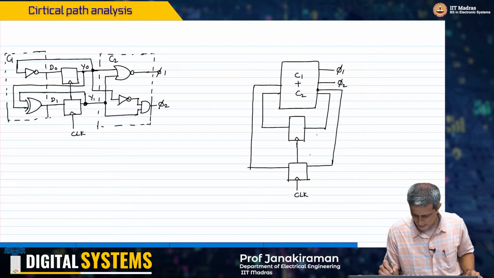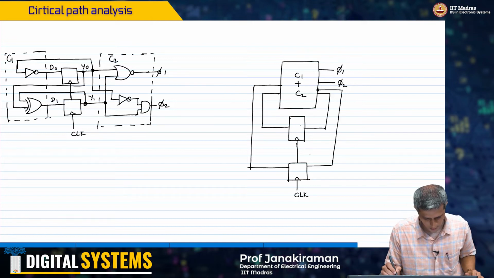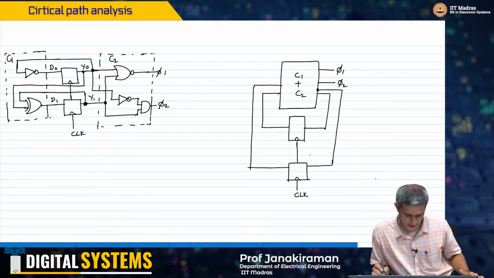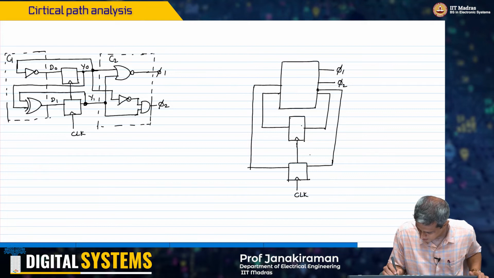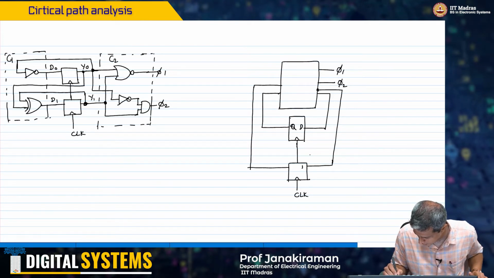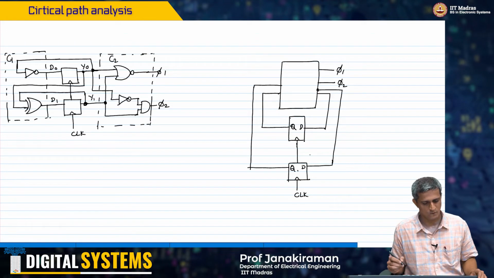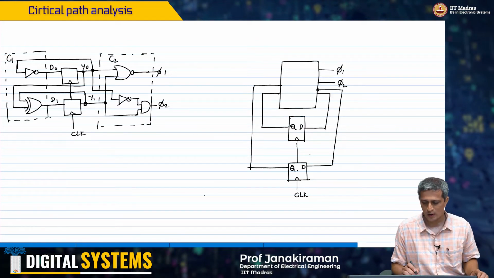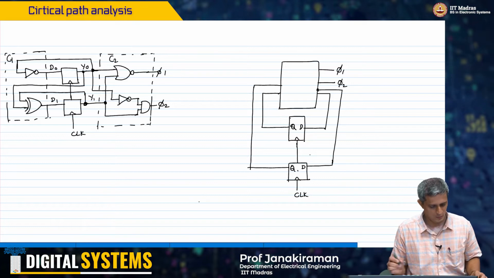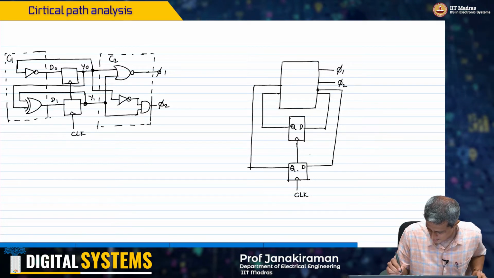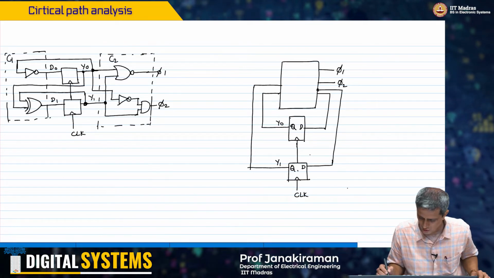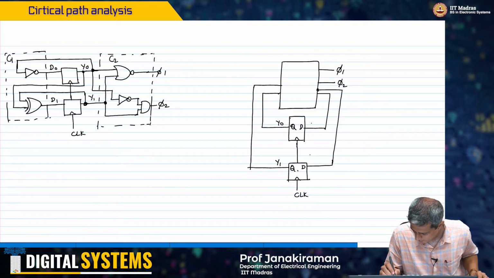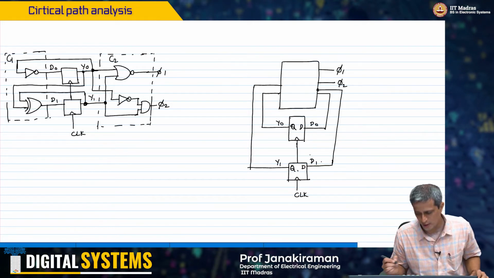So this is my clock, and you are going to replace this, this is my D, this is my Q. So I'm going to take y0, y1, and I have d0, d1 here.